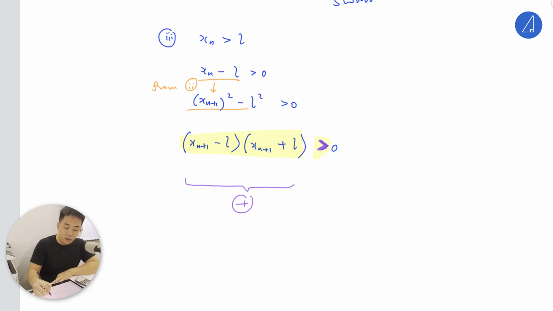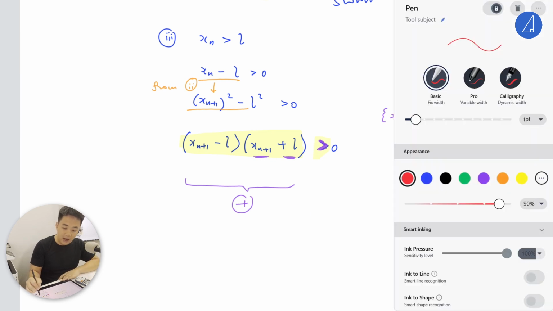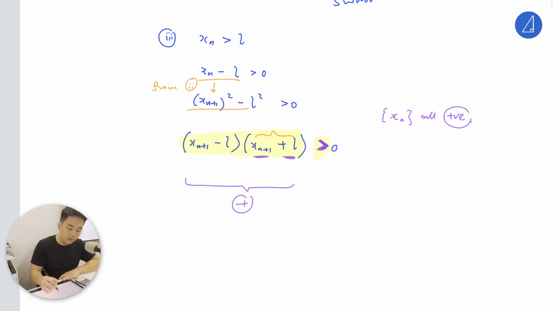Second thing, we know that xn, these are all positive terms. Positive plus positive, we can for sure know that is positive. Understand? So I repeat, because every term is positive, I know that this will be positive.